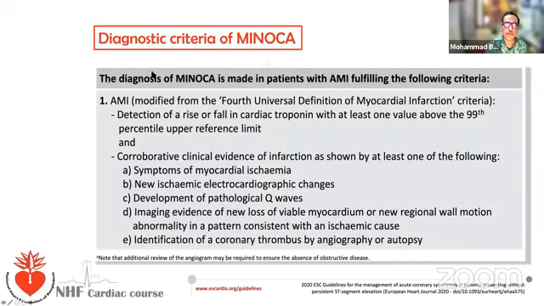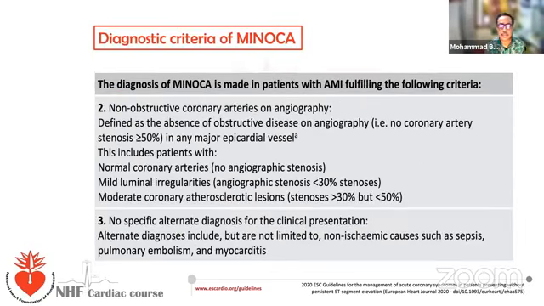So what is MINOCA? You diagnose AMI by the fourth universal definition, with clinical evidence like symptoms of myocardial ischemia, new ECG changes, development of pathological Q waves, imaging evidence of wall motion abnormality, and identification of coronary thrombus. After confirming MI, you do an angiogram and see non-obstructive coronary arteries.